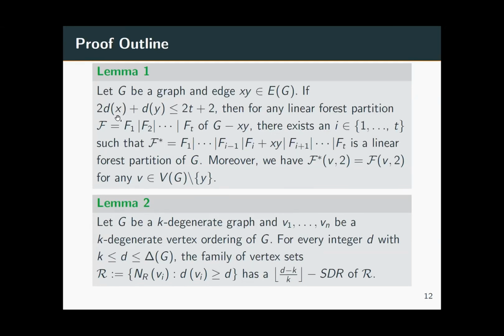This degree requirement means those two vertices do not have many neighbors.